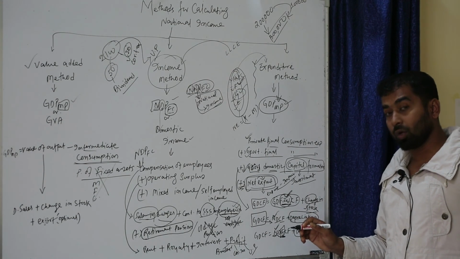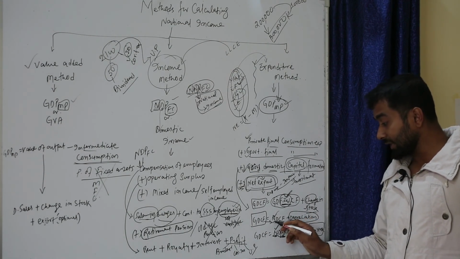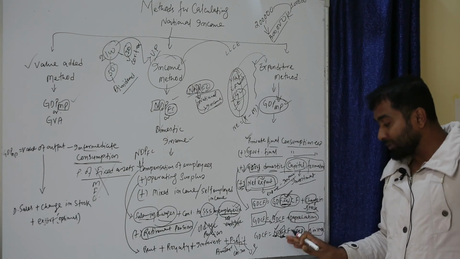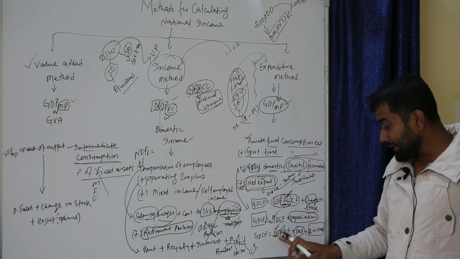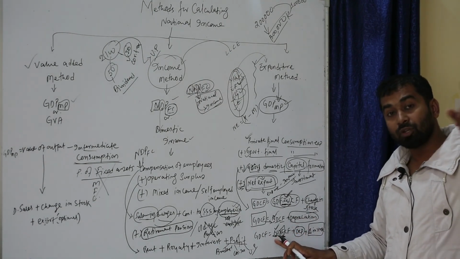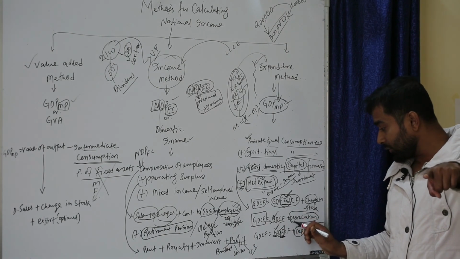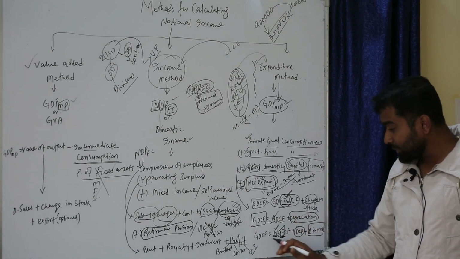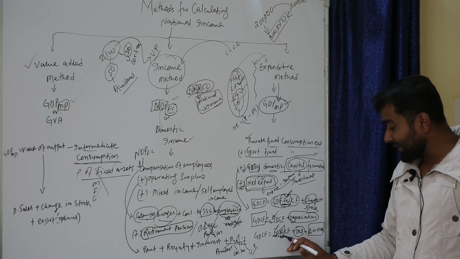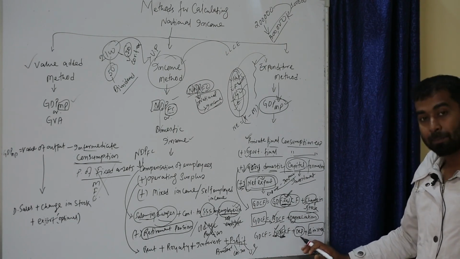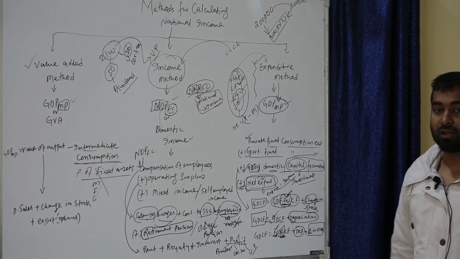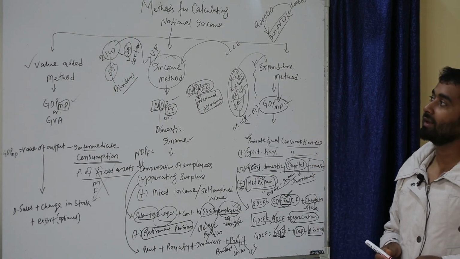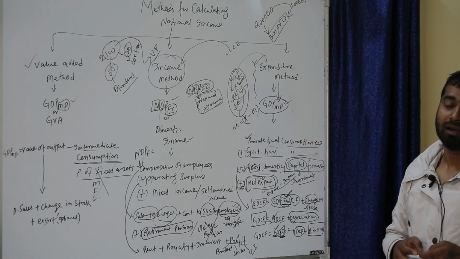Net is there, fixed is also there, so both are given together. For net, I should use depreciation like before. For fixed, I should use change in stock. So it is net domestic fixed capital formation plus depreciation plus change in stock. That's it. These are all three formulas for calculating national income. I hope you understood.